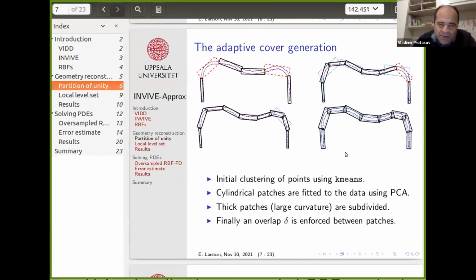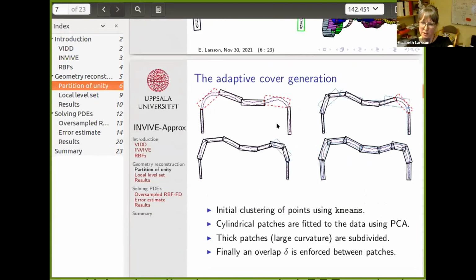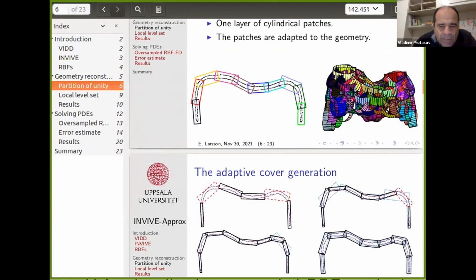I mean, is this a curve or a surface? So the example here is 2D, made in 2D to illustrate the idea. But we do the same thing for the 3D problem. Of course, we still use the thickness as measure, but the subdivision is then done in 2 dimensions. So you also do this for surfaces, yeah?